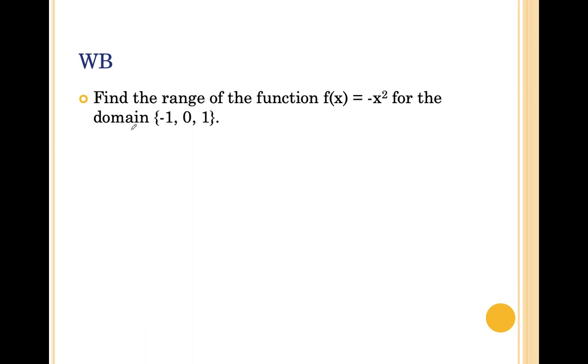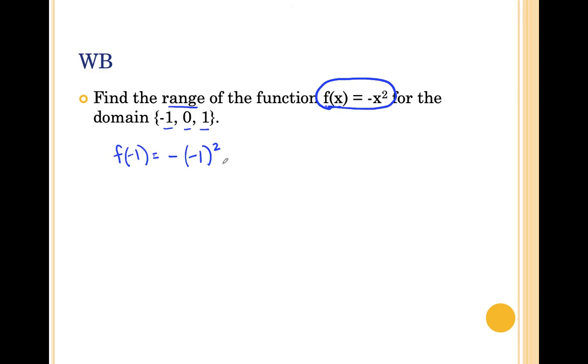Okay, and for our last example, this question says find the range of the function f(x) = -x² for the domain -1, 0, and 1. So what I'm going to do is evaluate f(-1). I'm going to replace the x with a -1 in the equation we were given.